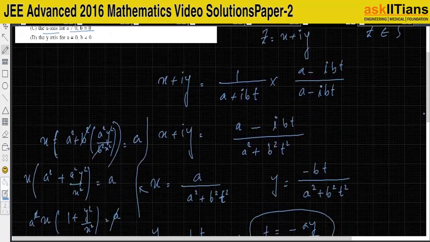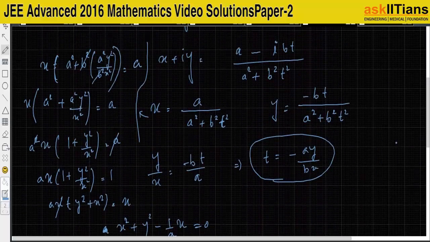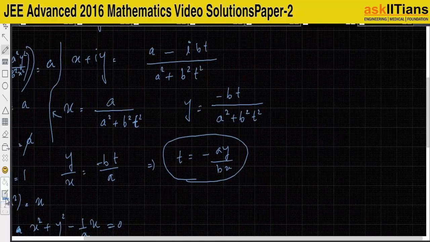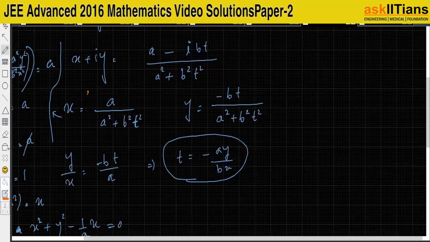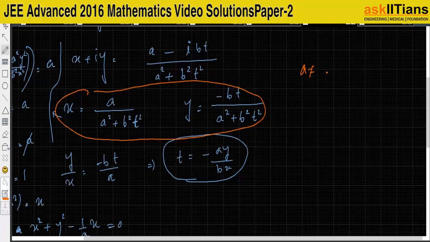Let's look at these two equations here, this is x and y. If a is not equal to 0 and b is equal to 0, that means x will not be equal to 0 and y will be equal to 0, because if b is 0, y will be 0. So this point will lie on the x-axis.